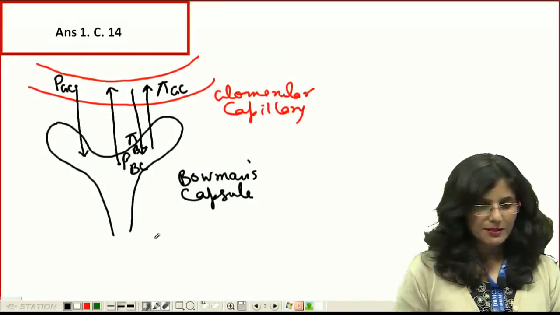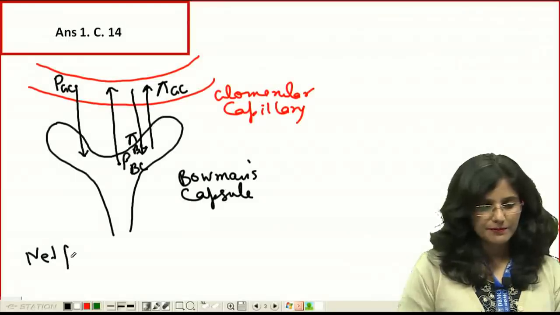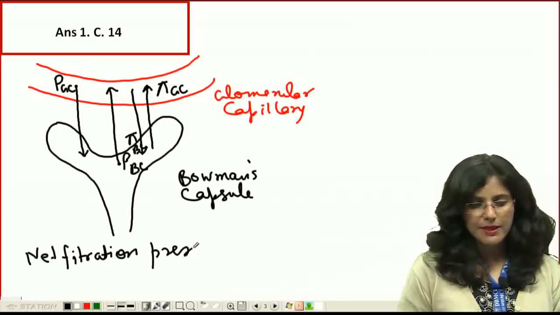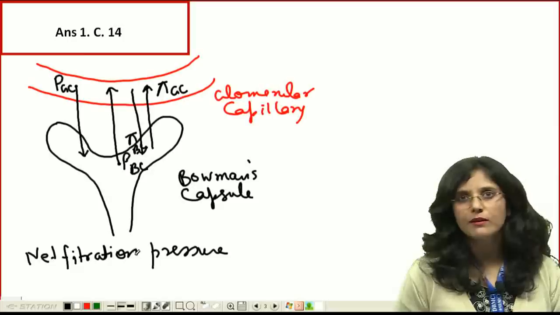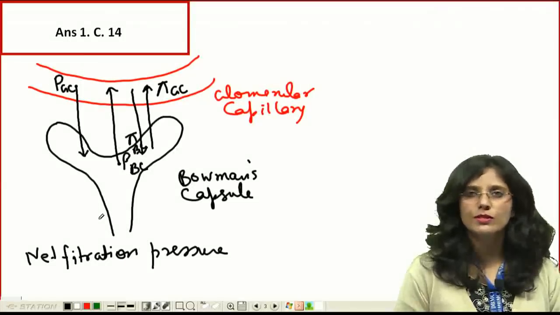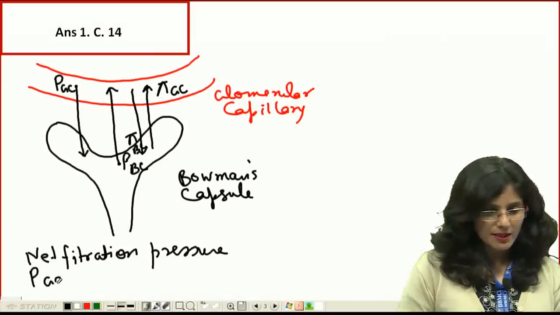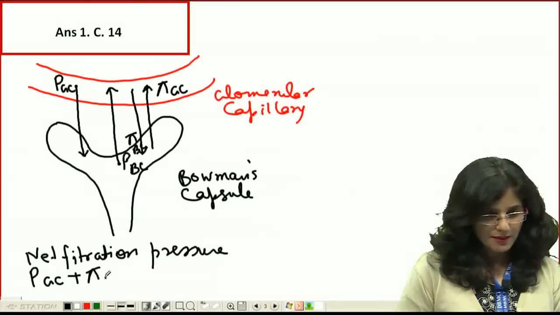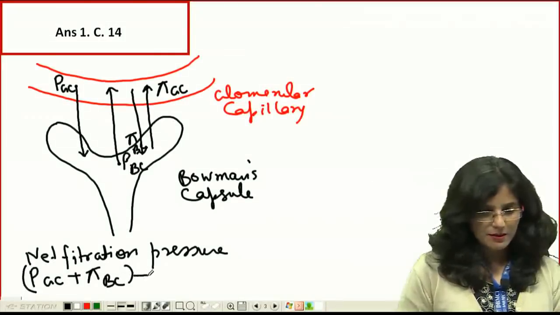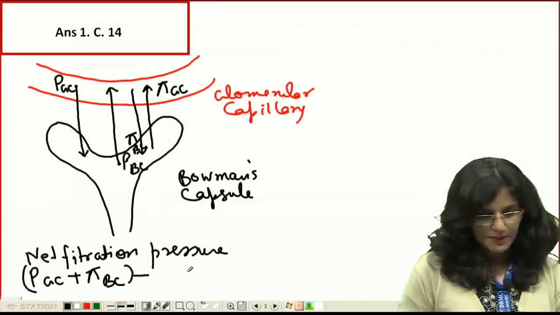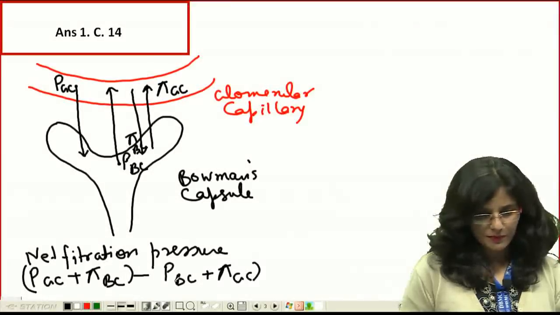The net filtration pressure can be calculated by the forces promoting the filtration minus the forces which are opposing the filtration. So what are the forces which are helping? PGC plus pi BC, minus the forces which are opposing the filtration, which is PBC plus pi GC.